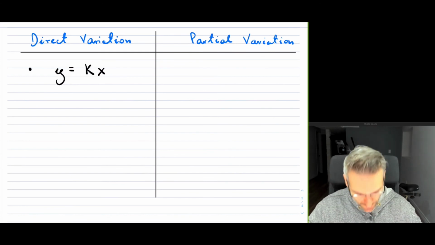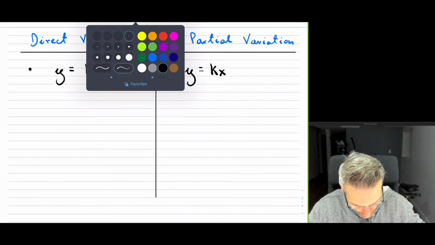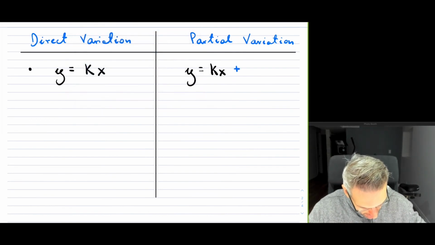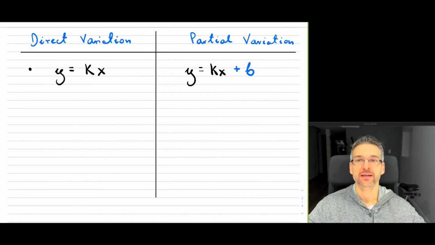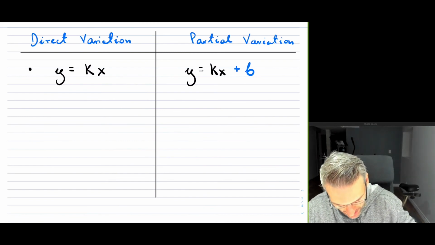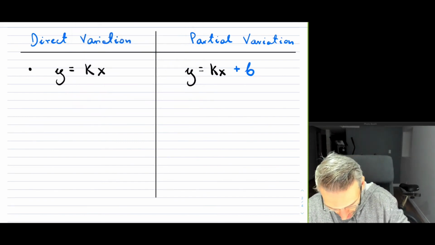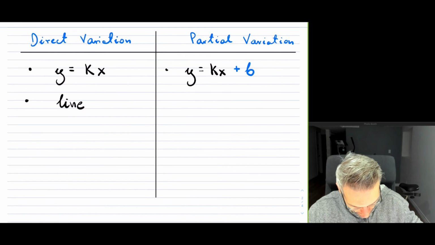Your partial variation, the key difference is that you have this, but you are also partially shifting it by some constant b. Now, what does this mean? The most important thing is that if you graph them as a relation, they are both lines.